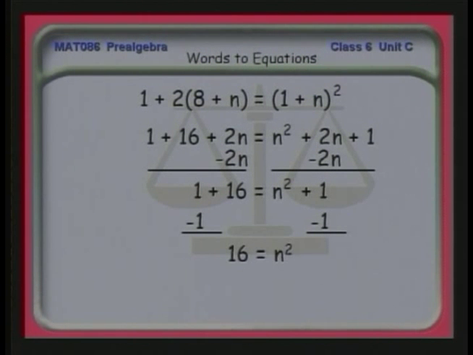I can subtract that out, and I wind up with n squared is equal to 16. What times itself will give me 16? The answer is plus or minus 4. I did this one quickly just to show you how a translation like this would work that's fairly complex. Typically, you won't get anything at this level of algebra that's quite this horrific, but I just wanted you to see it done.